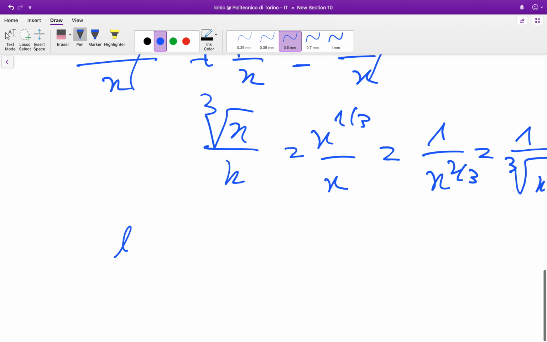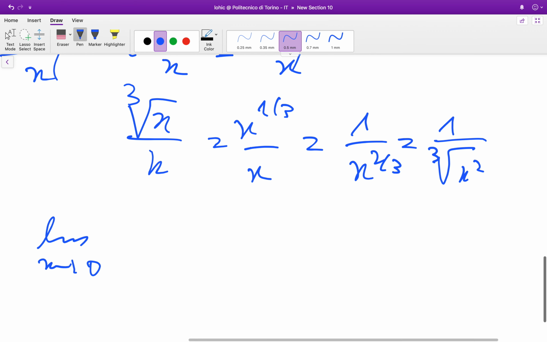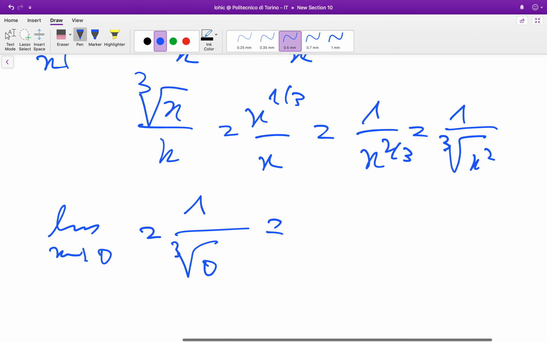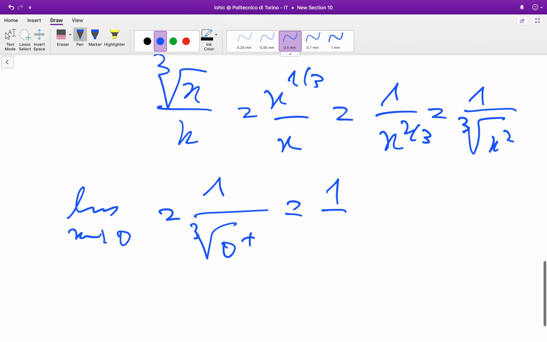And so if you do the limit when x tends to 0 of this, it will just give you 1 over cubic root of 0, which is 1 over 0 plus, because it's x squared, so this will be 0 positive, independently if you are doing 0 minus or 0 plus.